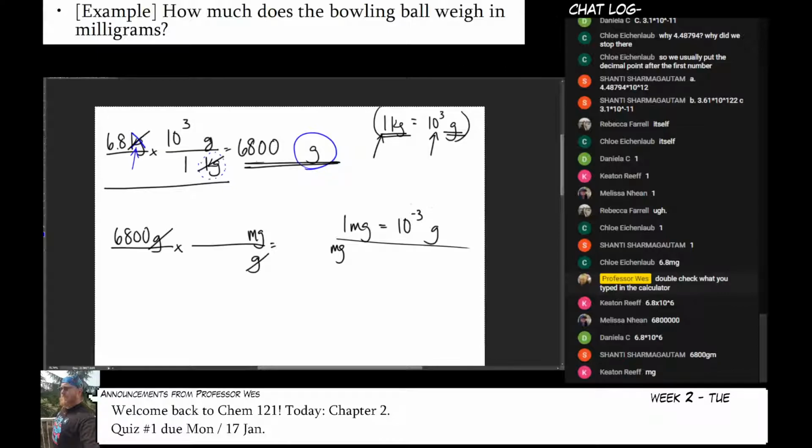Now I just have to fill in the numbers. Well, I've got 1 milligram, 10 to the minus 3 grams. And then I'm going to take this actually here. I'm just going to move it up there.